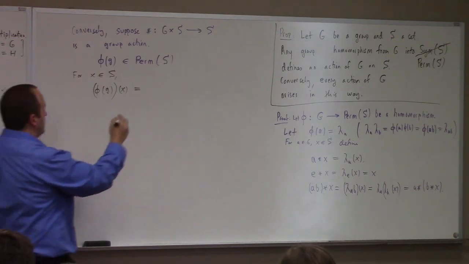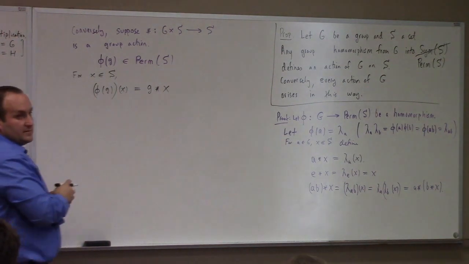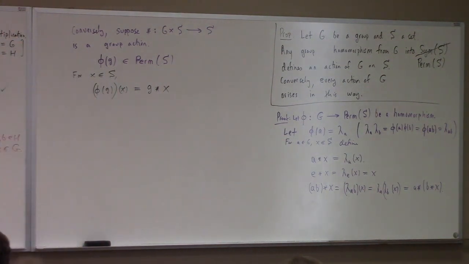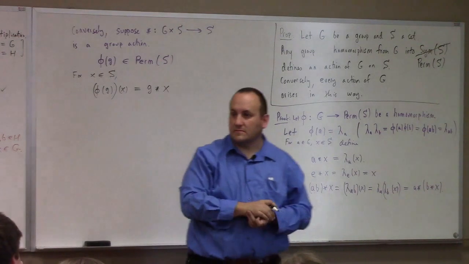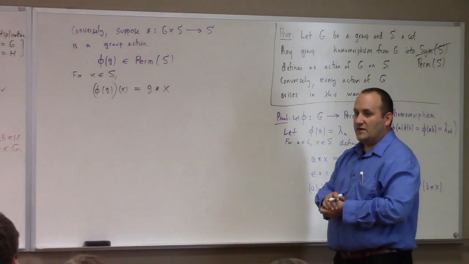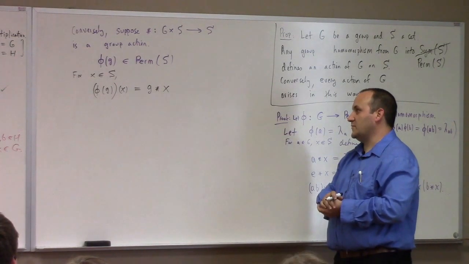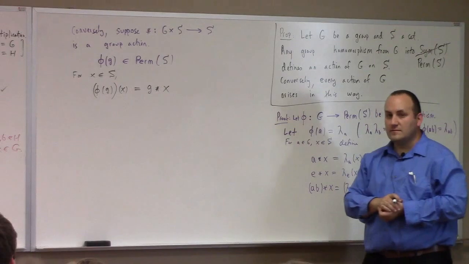How about this? G star X. Right? It's a group action that by definition is an S again, and it's a single thing because star is a function from the Cartesian product of G and S to S once more. So that defines a function. Now the question is, does it define the right kind of function? Is this a permutation? How do we find if this is a permutation or not? It has to be a bijection, right?